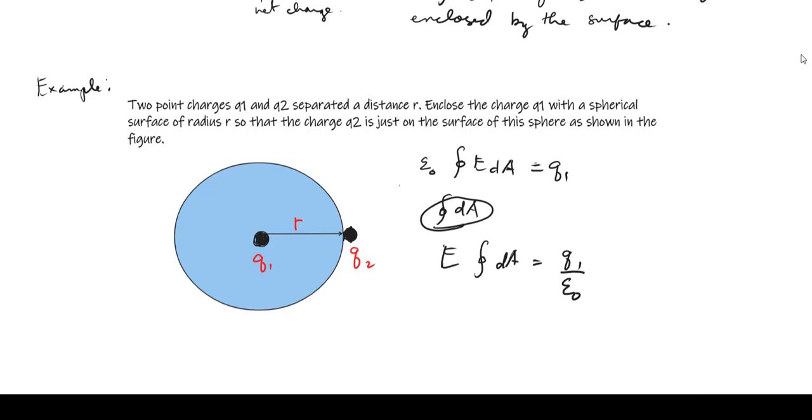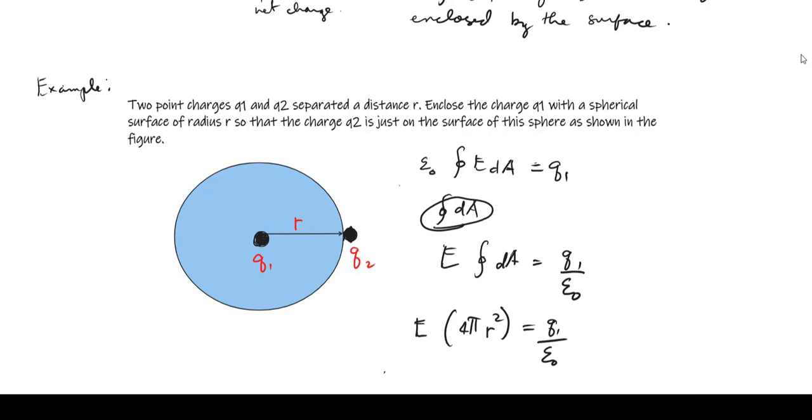And so E times the surface area, which is just the spherical surface 4 pi r squared, is equal to Q1, the enclosed charge, over epsilon naught.